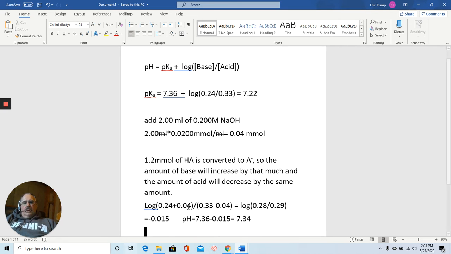So if we look at our log term, it was originally 0.24, we're going to increase the numerator by 0.04 since we're producing more base. We're going to decrease the denominator term by 0.04 since we're consuming acid. The log of that would equal negative 0.015, and so the pH would be 7.36 minus 0.015, or 7.34.